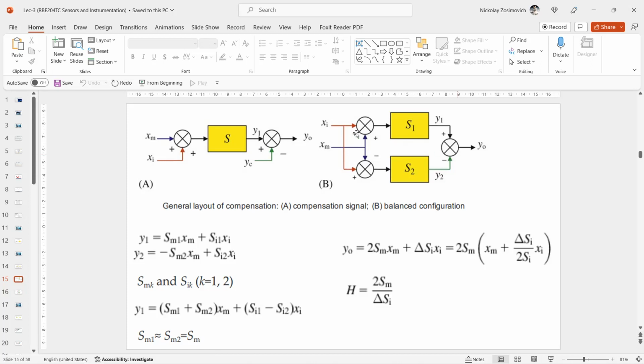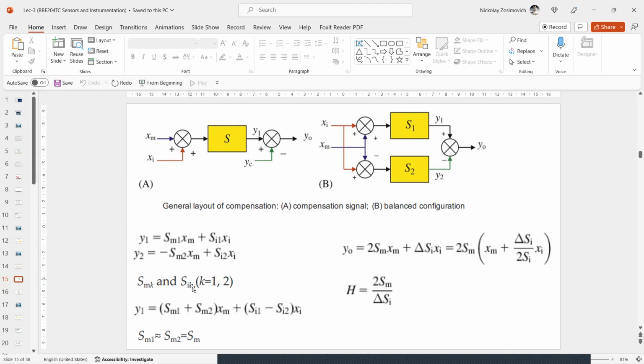From this figure, it follows our equation, where S in both sides is transformed in figure B, S1 and S2 are the sensitivities for the measurement signal and the interference signal respectively.